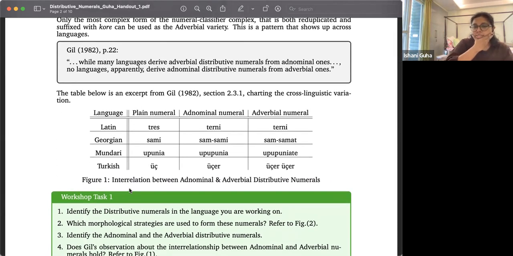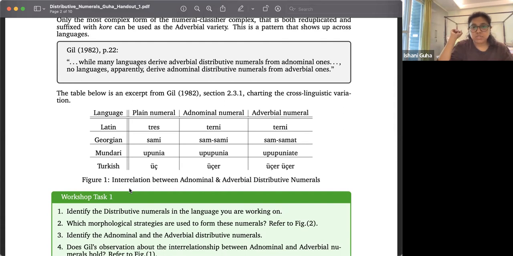So Latin, the plain numeral tres, the adnominal distributive numeral is terni, and the adverbial numeral is terni. Not more complex but equally complex. Georgian Sami adnominal version is Sam-Sami, and on that same stem sam is formed the adverbial numeral samap.